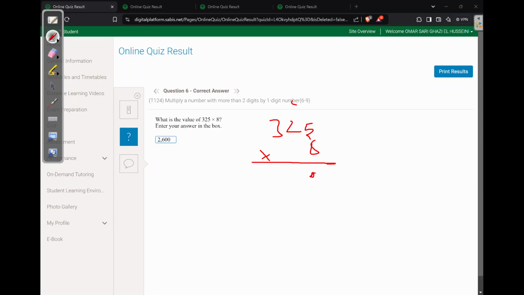Now 4 up. 8 times 2 equals 16. We add the 4. Okay, and now put up 2 here. 8 times 3 equals 24, and then we add that 2, and it equals 2,600.